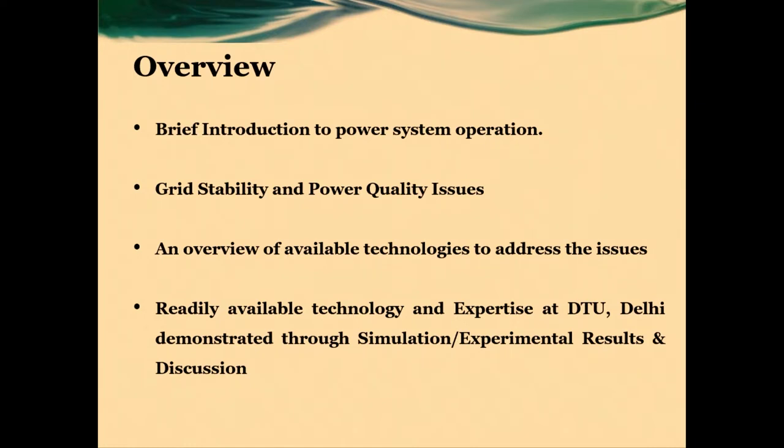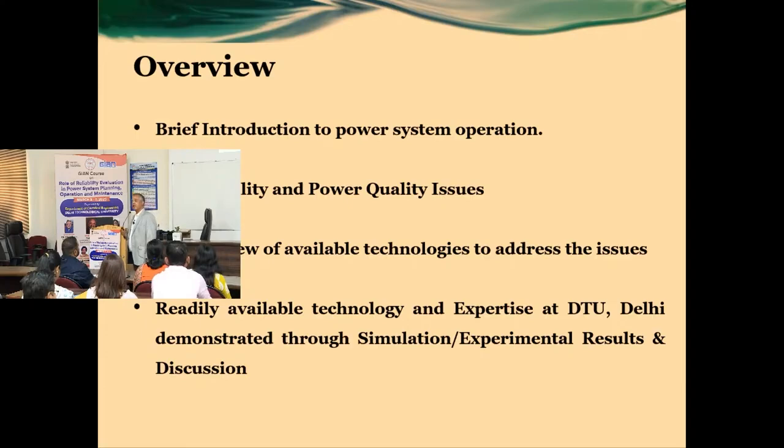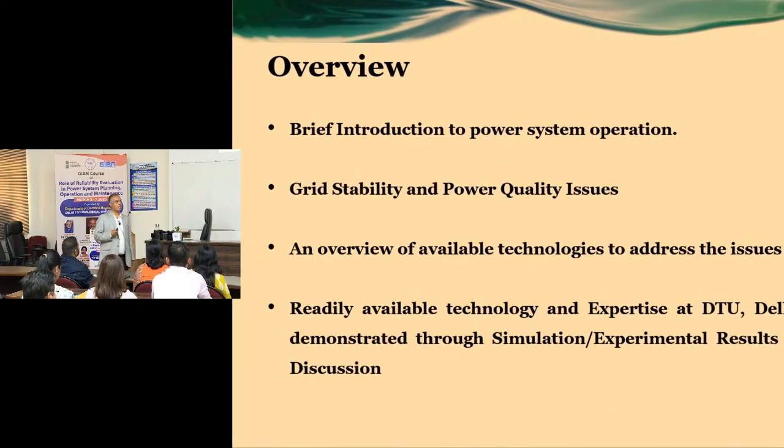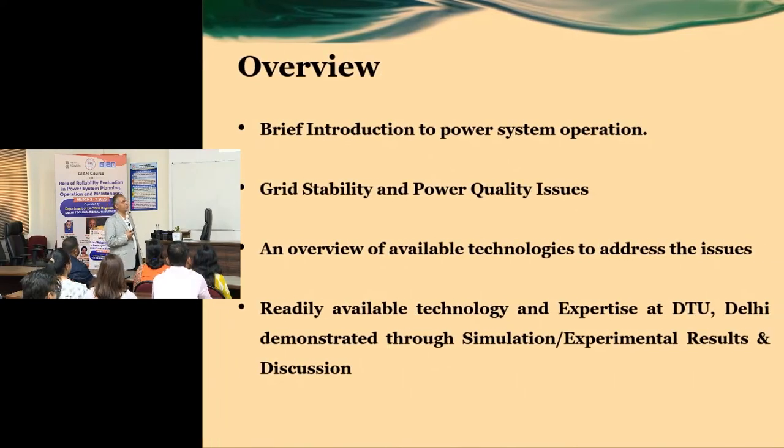stability issue. If you are losing the inertia, that means the natural inertia available inside the rotating mass is going to be decoupled from the system. It is not going to be there. So just like, if you understand the basic science, if you switch on the electric supply, the time constant of electric supply is very fast, a small time constant.